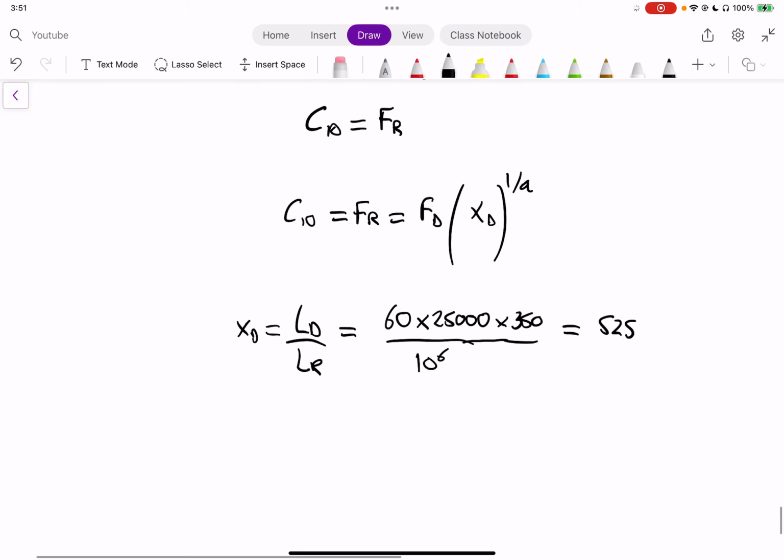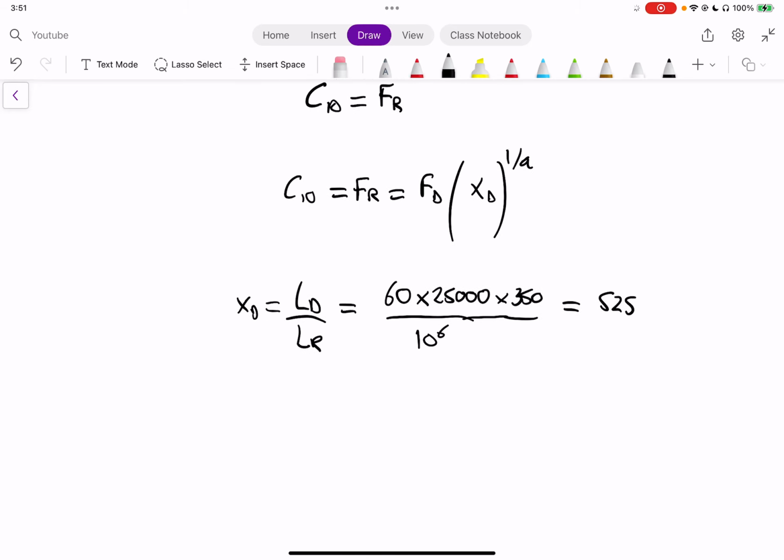So if we plug that into our equation, our C10 is going to be equal to 2.5 times 525 to the power of 1/3. So 1 over A is 1 over 3. And that would be equal to 20.17 kilonewtons.